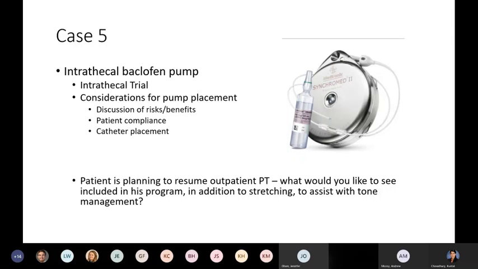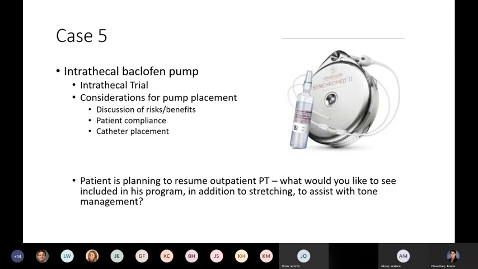So there are always risks of infection as well as complication of the device itself, catheter break, pump malfunction, etc., which can then lead to risks of baclofen withdrawal or overdose. So it's important to educate the patient on those up front and then continually after they get the pump placed so that they can be aware of any warning signs or symptoms.